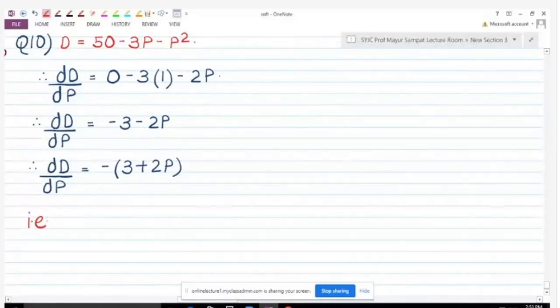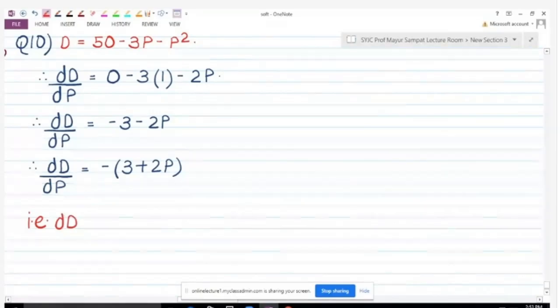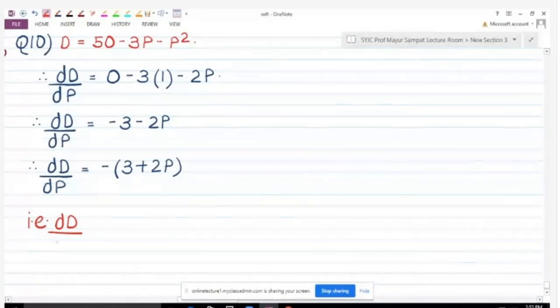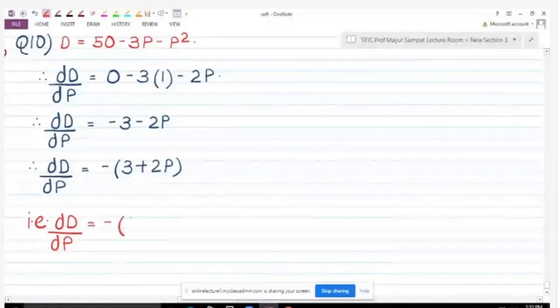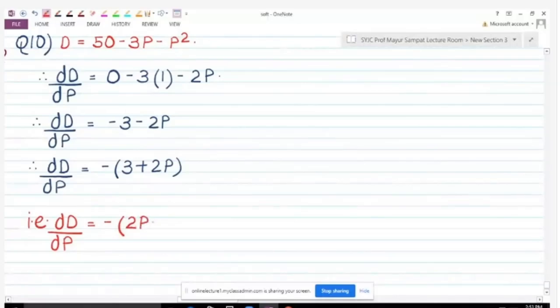That is, dD upon dP is equal to minus of 2P plus 3.